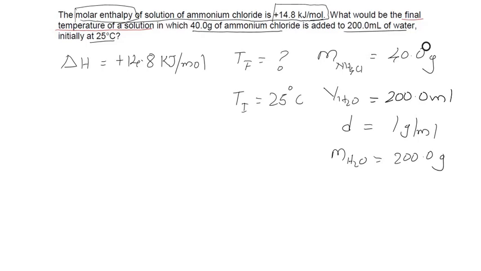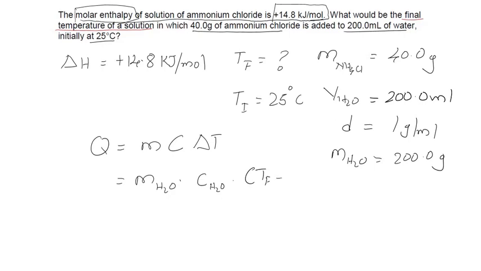Now let us understand what formula we would need in this case. We would need the formula Q is equal to mc delta T, or we can write mass of water, specific heat of water, and Tf minus Ti.